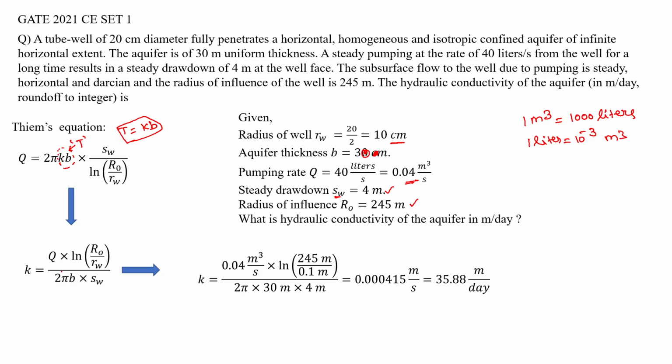Now our interest is to calculate K, so we just reshuffle the terms. It will be Q into ln of R naught by Rw, divided by 2 pi into B into SW. We know all these terms, so just substitute here. K equals 0.04 meter cube per second into ln, the natural logarithm, meaning log of e, not log of 10.